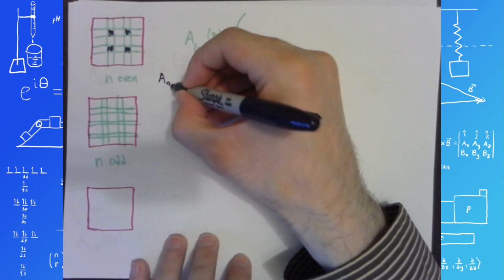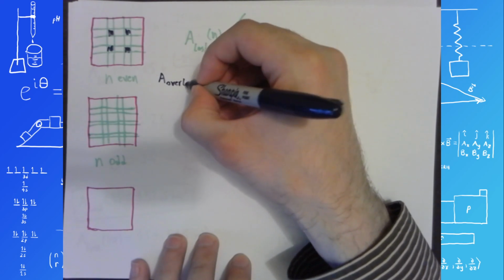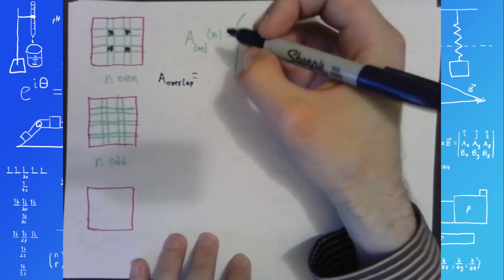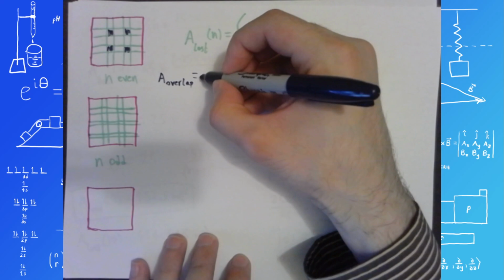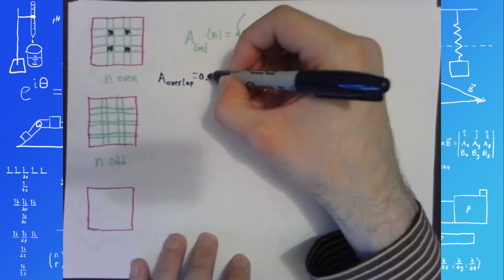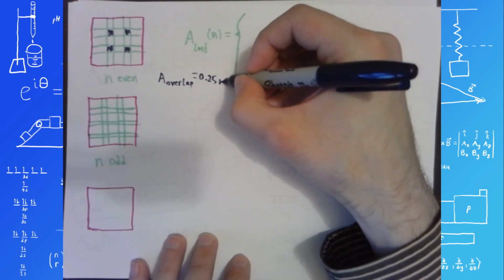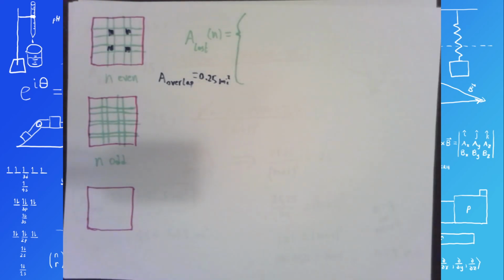Area of an overlap is 1/4 of a square mile, 0.25 miles squared. So now it's just a matter of figuring out how many overlaps do we get given n. How many overlaps do we get?